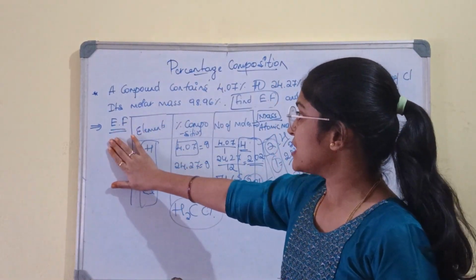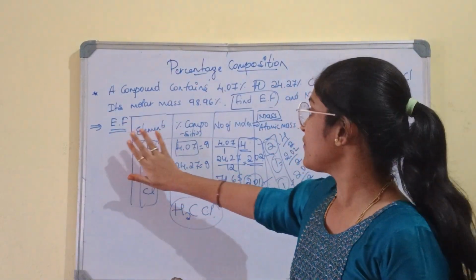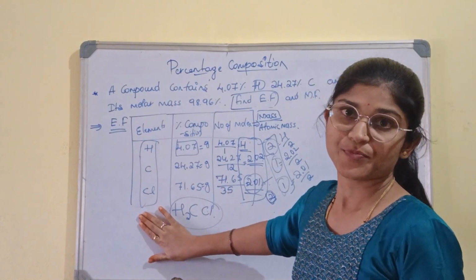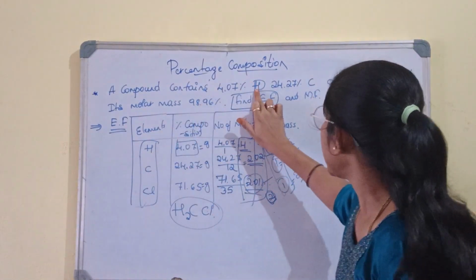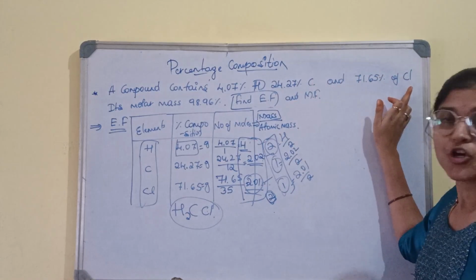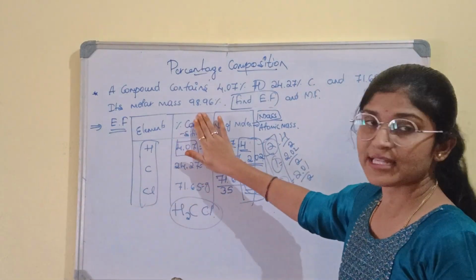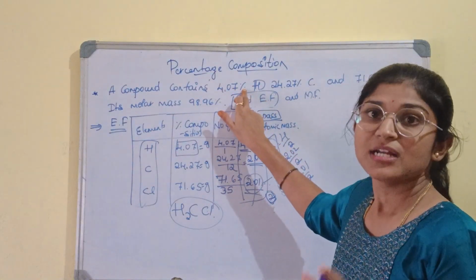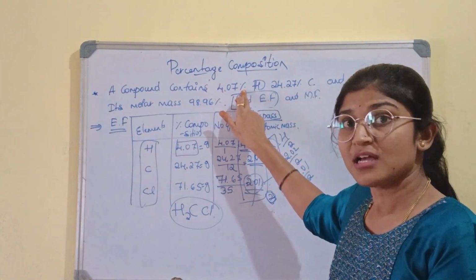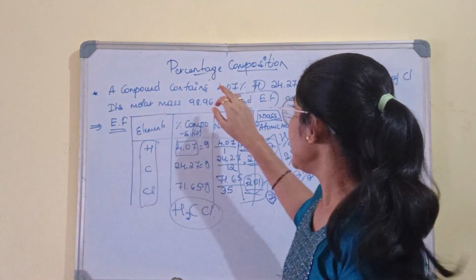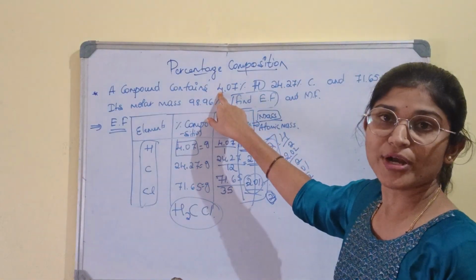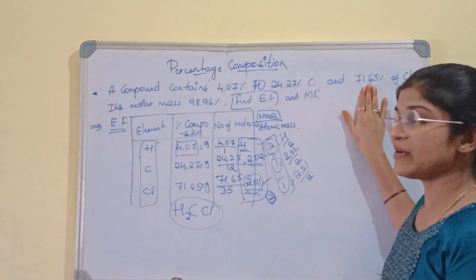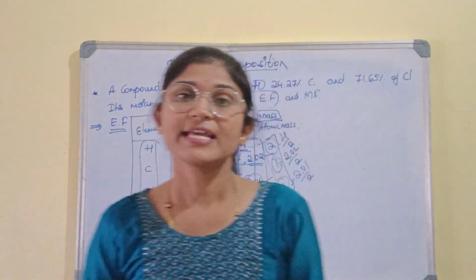To calculate the empirical formula, what we have to do? Write down first what elements are given. Here they have given hydrogen, carbon and chlorine. Next, the percentage composition in the form of grams. Since it is a percentage, take the total mass as 100, and then we can write 4.07 gram, 24.27 gram, 71.65 gram.